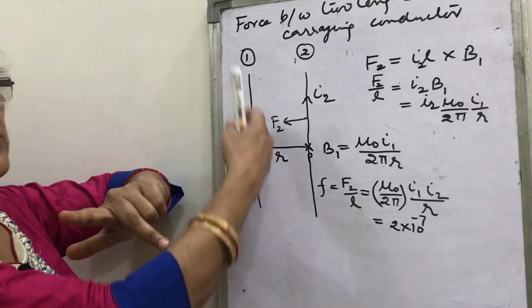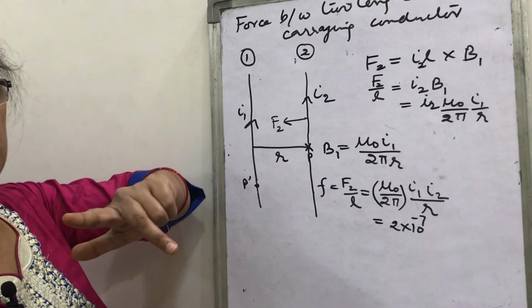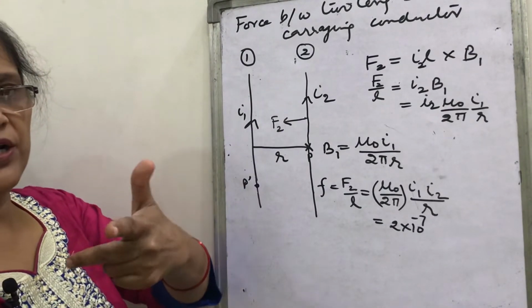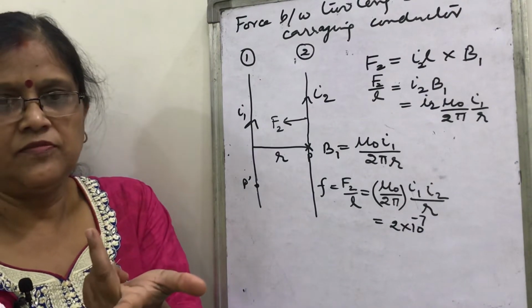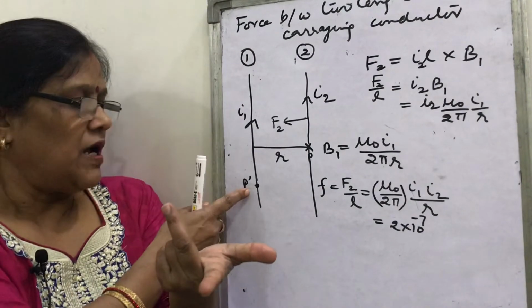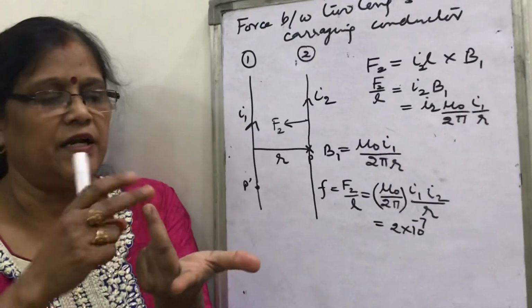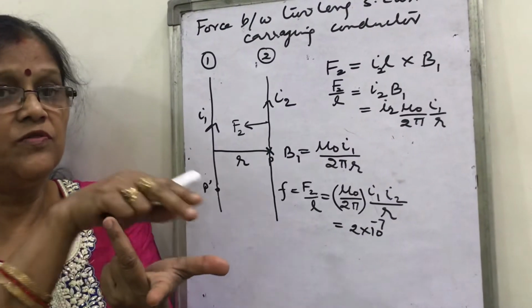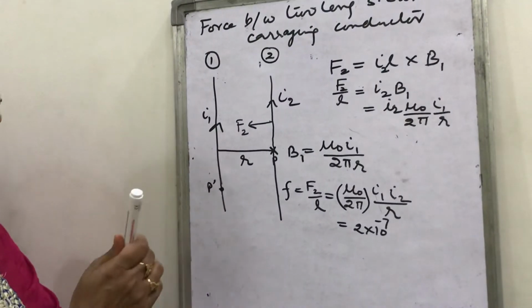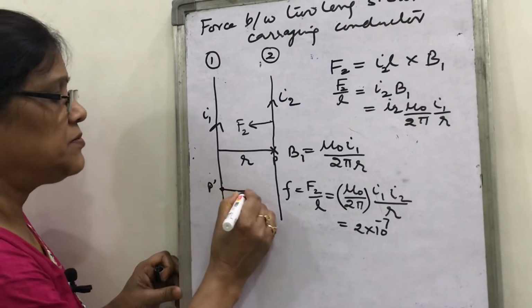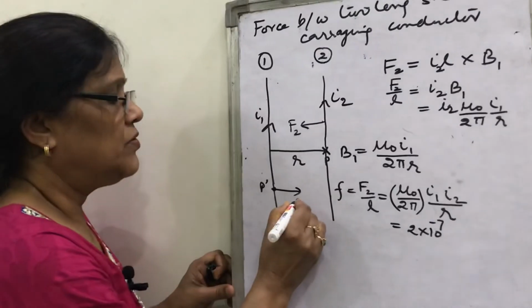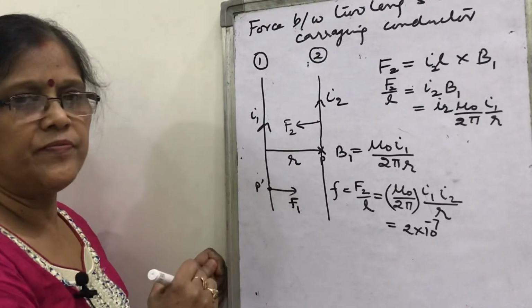But current is in the direction of I1 like this, you rotate your hand like this. So look here, at P dash this is the magnetic field, this is the current, and what is thumb? Towards the second wire. So in this way at this wire the force will be F1.